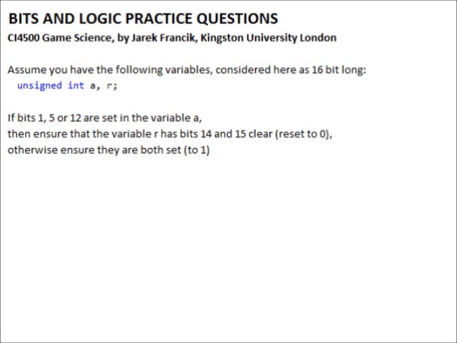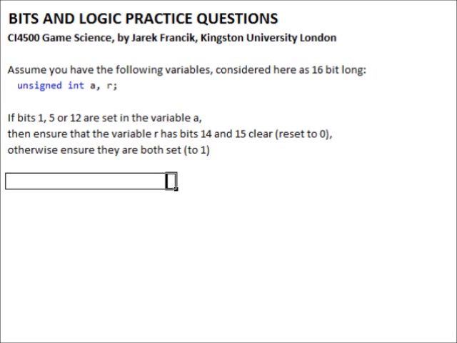To test bits 1, 5 and 12 in the variable A, we will need a bit mask with bits 1, 5 and 12 set to 1 and all other bits set to 0. Bits are counted from right to left and from 0, so this one is bit number 0.